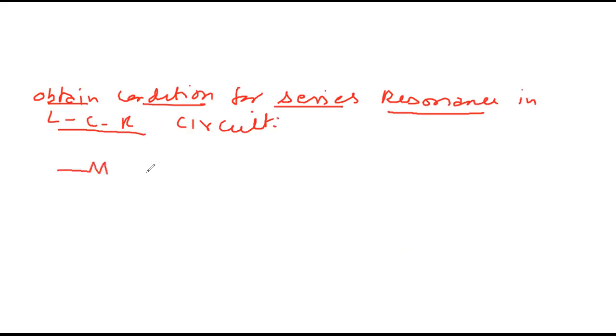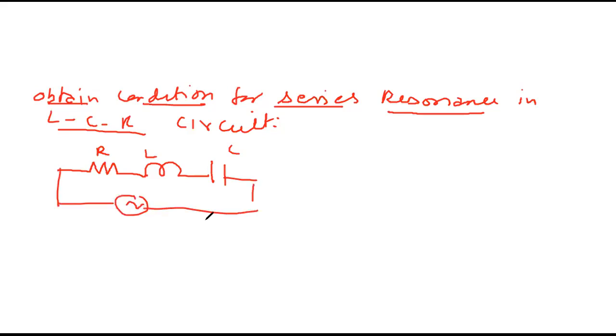Resistor R, inductor L, capacitor C connected in series across alternating source is called a series LCR circuit. We are interested in under what condition it is called resonance LCR circuit. So let I be the instantaneous current, E will be the EMF. Okay, just draw the diagram.